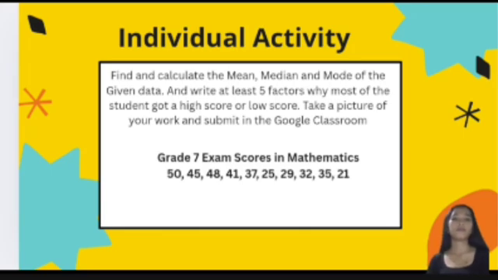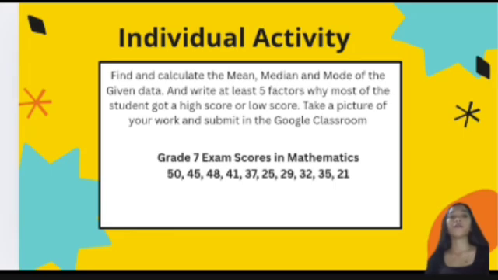Okay, since we already know how to find the mean, median, and mode of data, specifically for ungrouped data, for 15 minutes, it is an individual activity. Given this data, your work is to find and calculate the mean, median, and mode of the given data and write at least 5 factors why most of the students got a high score or a low score.